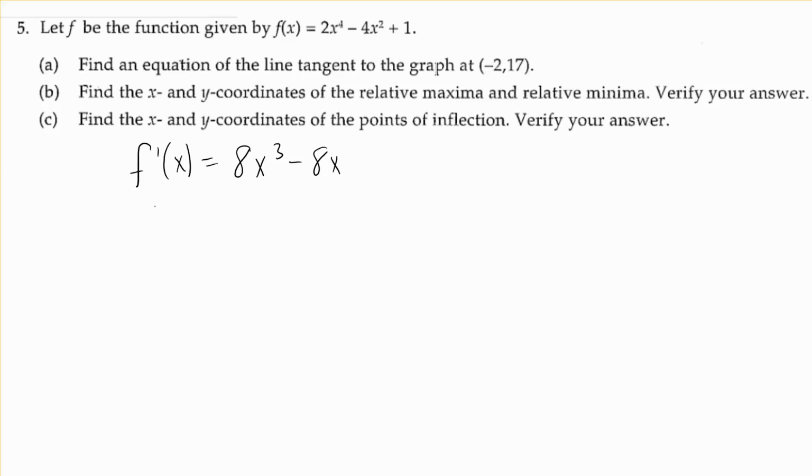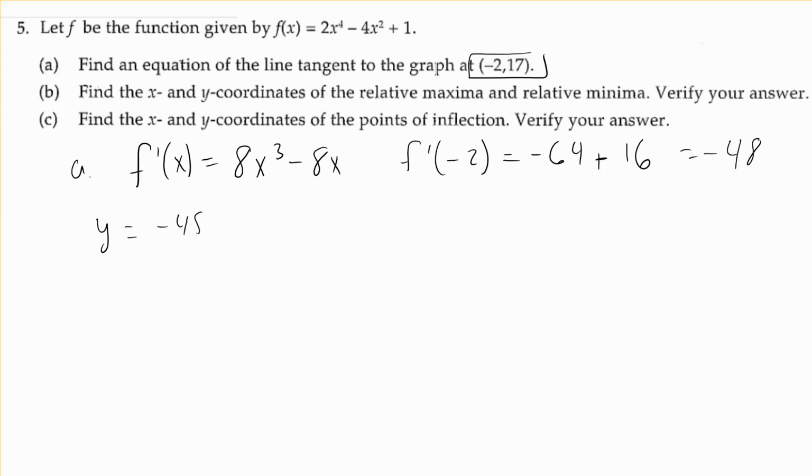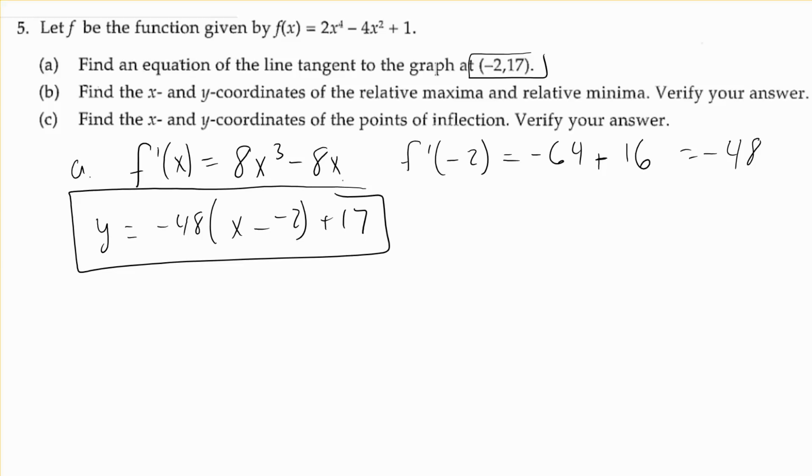If I want to find the derivative at -2, f prime of -2 is -64 plus 16. So my slope is -48, and I've got my point. So for A, y equals -48 times (x minus -2) plus 17. That would be enough of an equation of a tangent line.